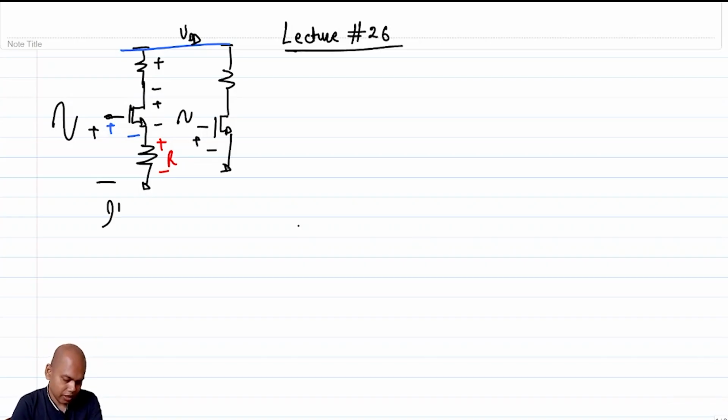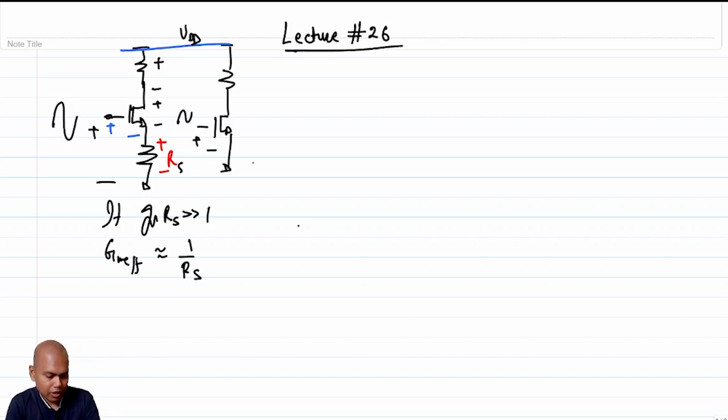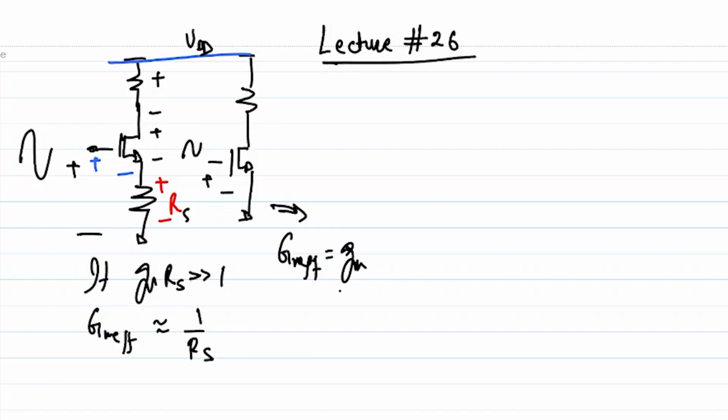So in this case, if GM times Rs is much greater than 1, then the effective GM will be approximately 1 over Rs, right? But in this case, the effective GM is equal to the GM of the transistor, correct? So as you can see, the effective GM that you are getting in the common source configuration is also higher.